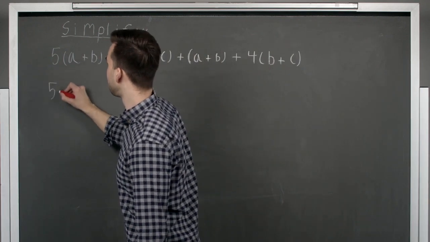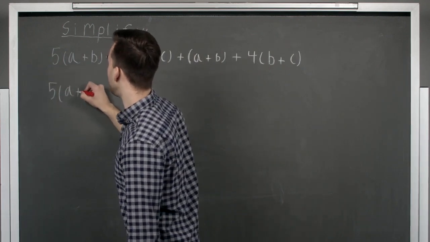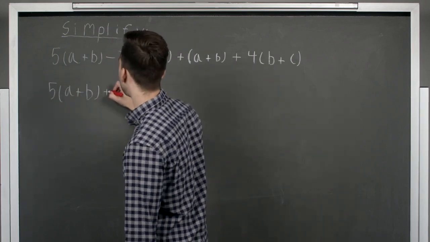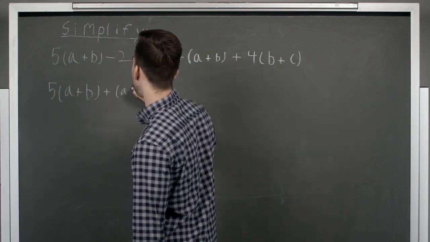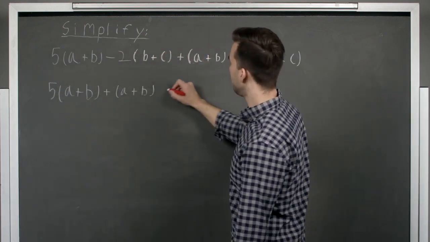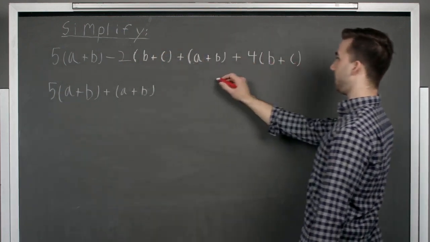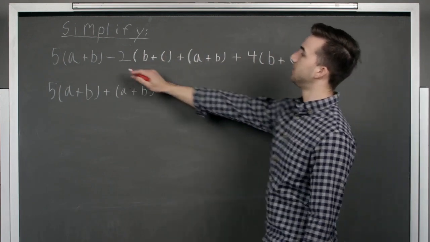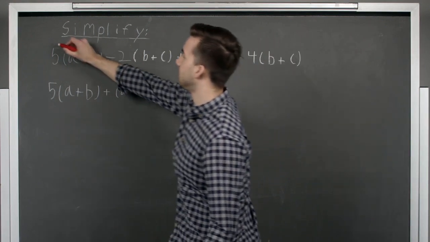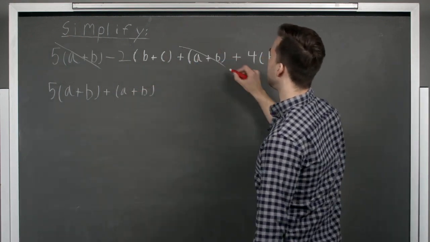5(a + b) plus (a + b), and then no other (a + b)'s. So now let's do the next thing, which is negative 2(b + c). Actually, we can go ahead and cross stuff out to make it less confusing.